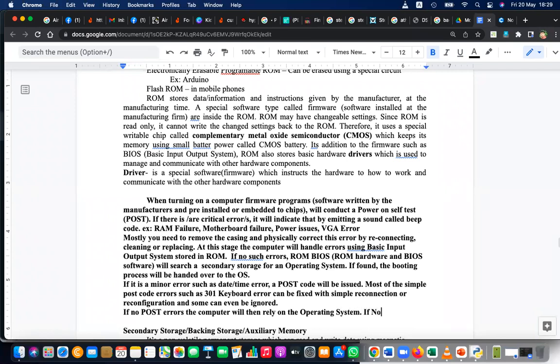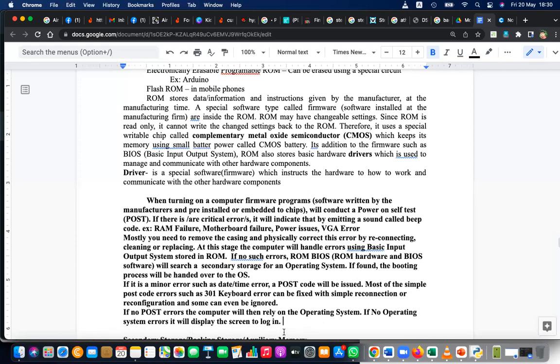If no OS errors, operating system errors, it will display the screen to log in. So that is how the computer is turning on.